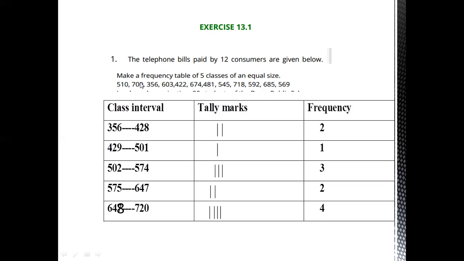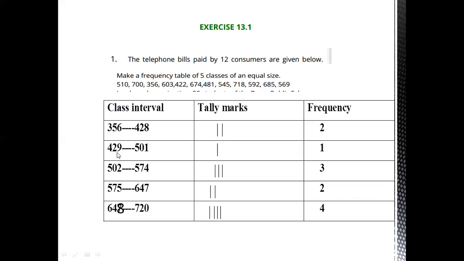You will check in the given data from 356 to 428 how many values are present. The first value is 356. The second value is 422, which is less than 428, and no other value, so its frequency is 2. For tally marks, you draw two lines here.